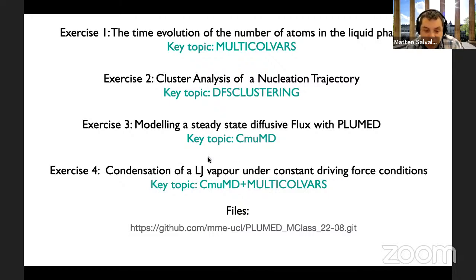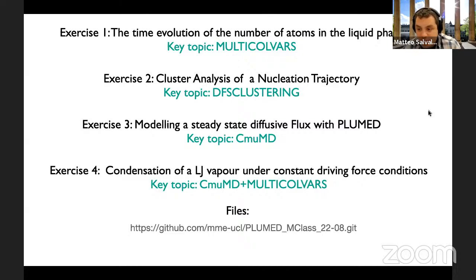The second instead will look at using SimuMD to study the growth of a liquid phase under constant concentration. And in the last one, exercise 4, you will learn how to combine ideas from the previous examples in order to carry out this type of analysis.